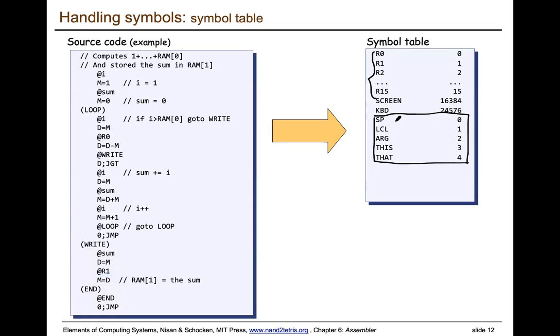You can see SP is 0, LCL is 1, ARG is 2, so it looks like 0, 1, 2, a memory address from R0 to R4. So actually you have five registers. We will discuss this a little later in the virtual machine, where it is very useful for dealing with high-level language.